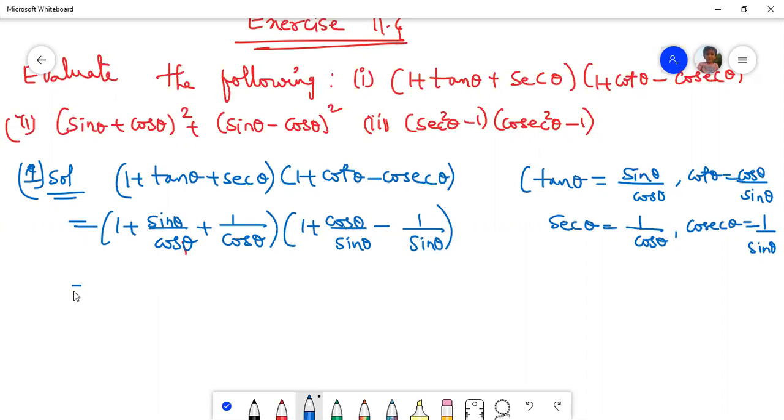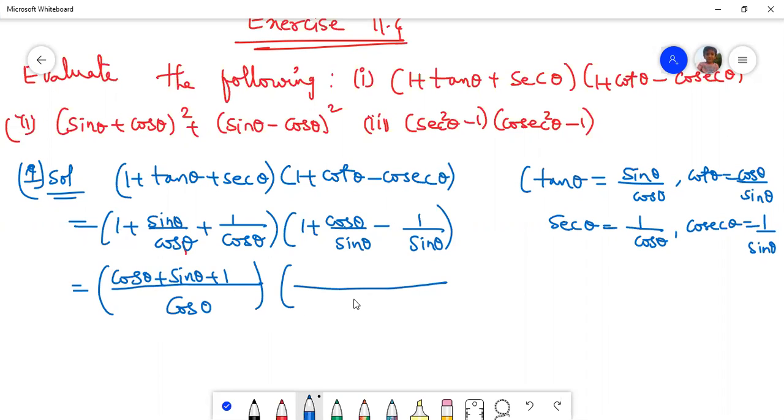Taking LCM of separate factors in this, cos theta is the LCM. Then cos theta plus sin theta plus 1. Why? Because here cos theta is absent in the denominator, so we should multiply the numerator with cos theta. Here also the same: sin theta is the LCM.